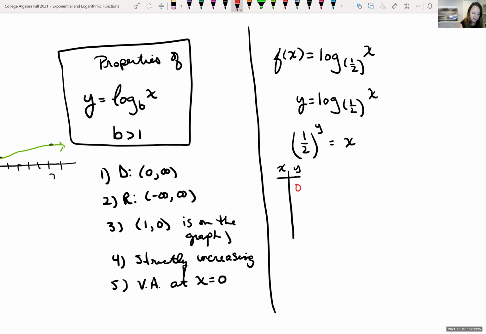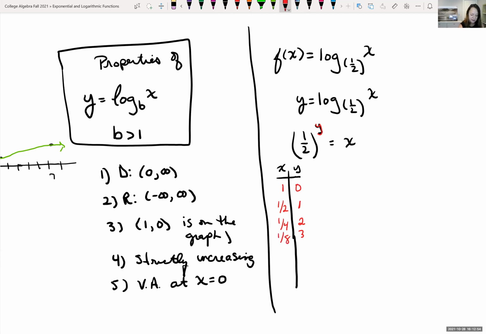So if we let y equal 0, 1/2 to the 0 power is 1. If we let y equal 1, 1/2 to the first power is 1/2. If we let y equal 2, well, 1/2 times 1/2, that's 1/4. For 3, I got 1/2 times 1/2, which is 1/4, times another half is 1/8.